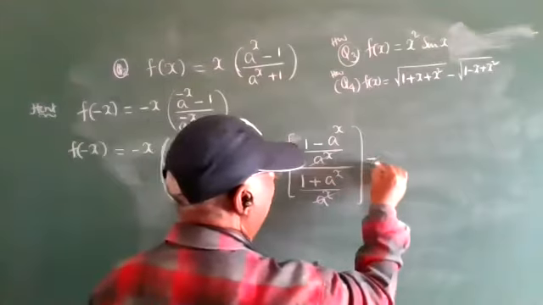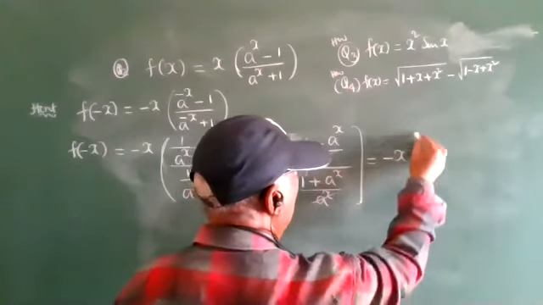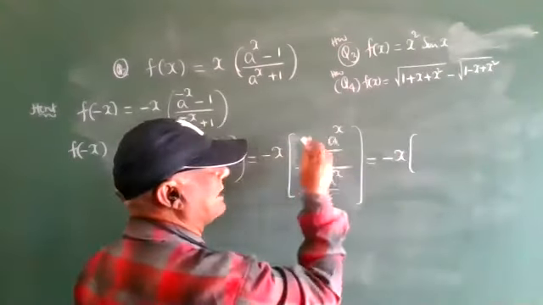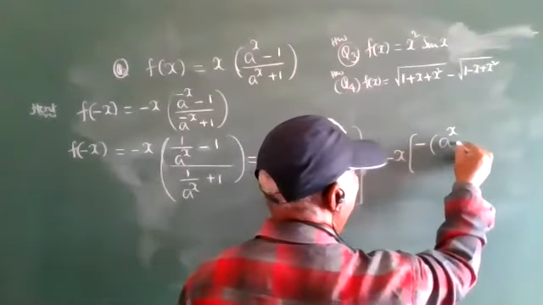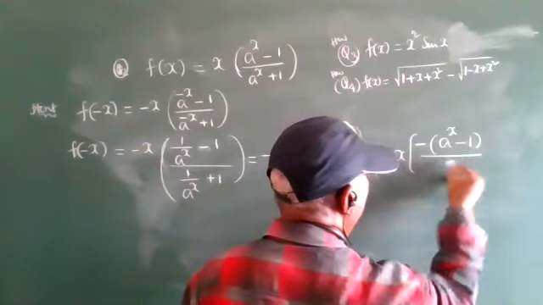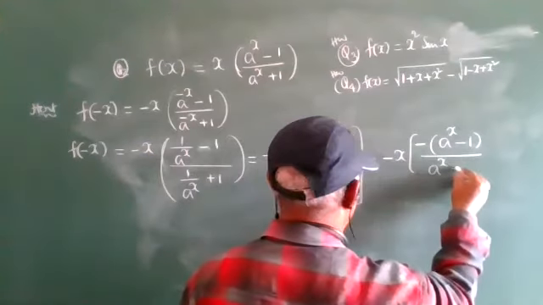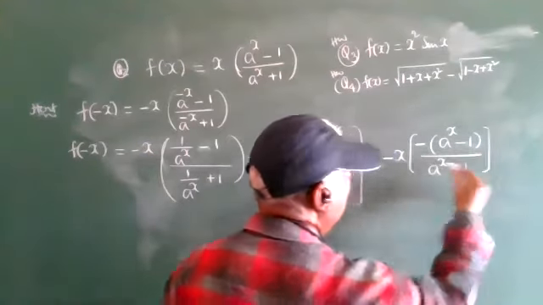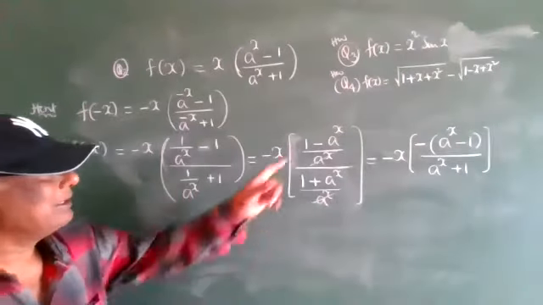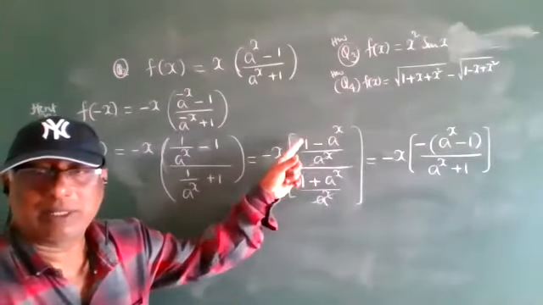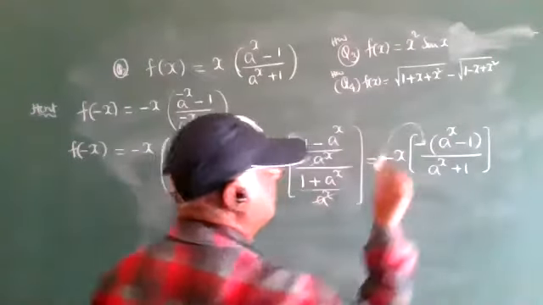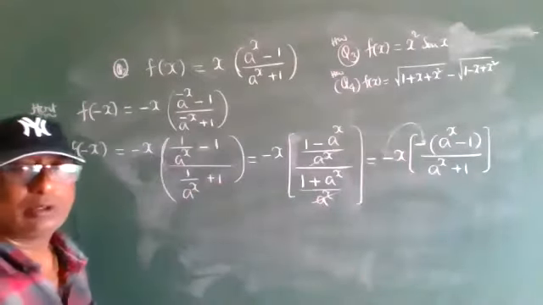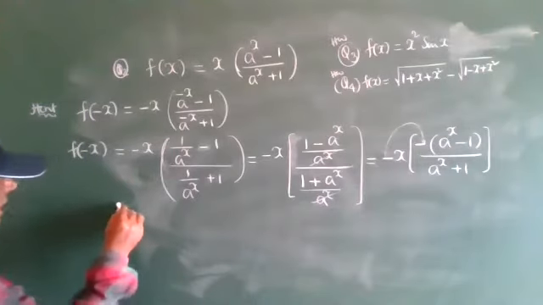Okay? Minus of x into, take minus common here, (a power of x minus 1) by (a power of x plus 1). Minus is common in this one, so this minus into this minus is plus.